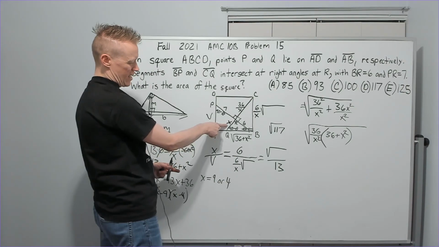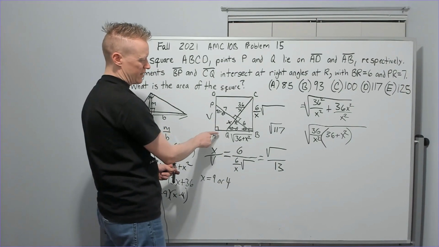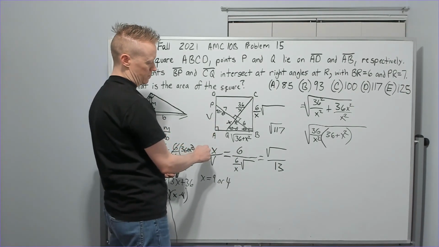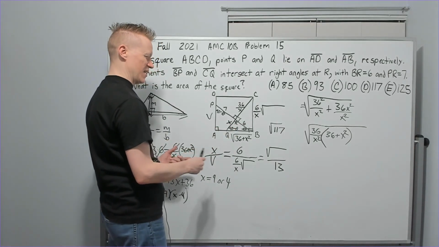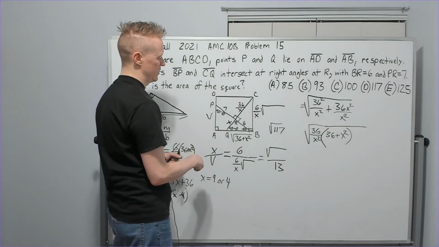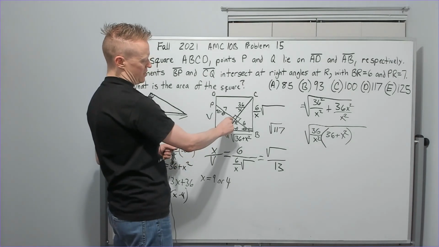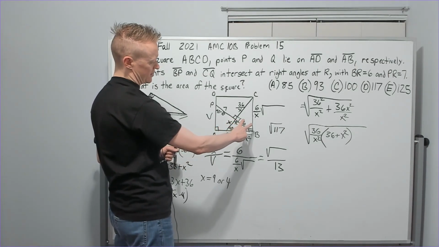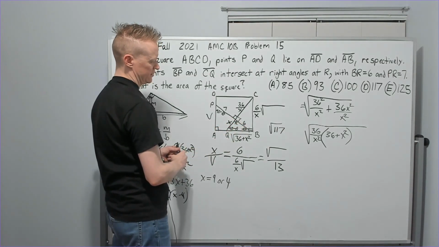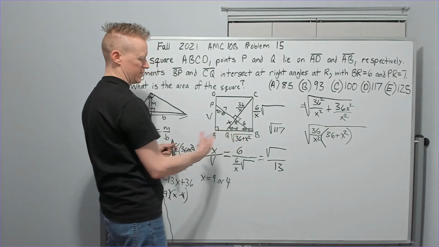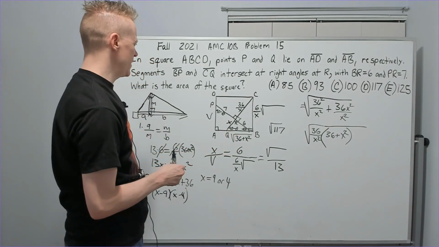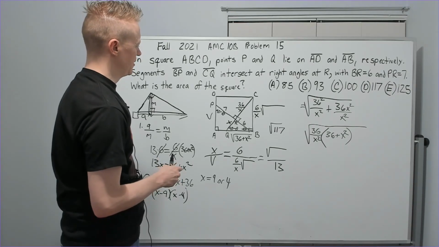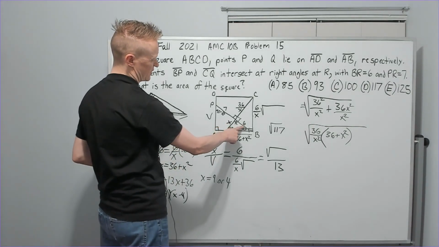But if you put 9 here, you're going to get 81 plus 36. That does work out. Does the 4 work out? Let's check. 4 squared plus 6 squared. Of course that would work out. Where would it not work? If I had 4 over 6, oh, I know.